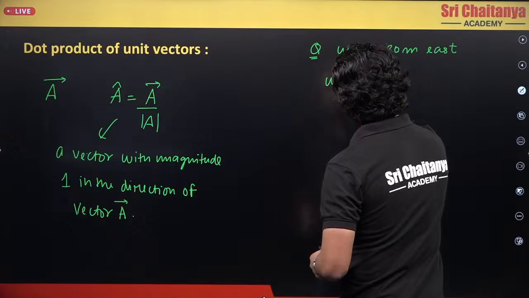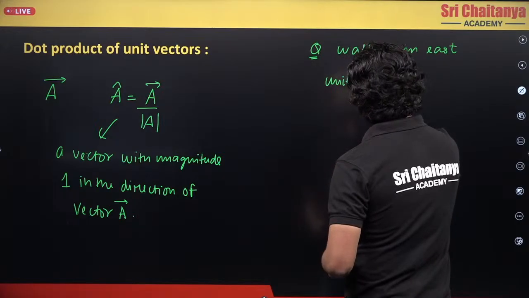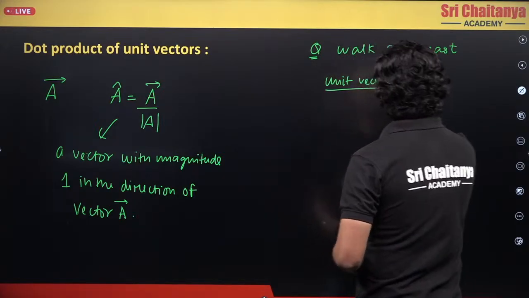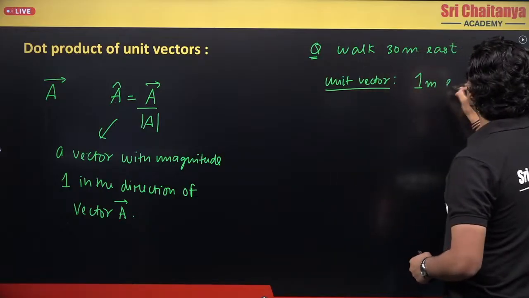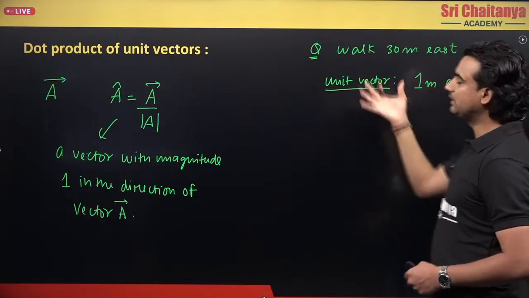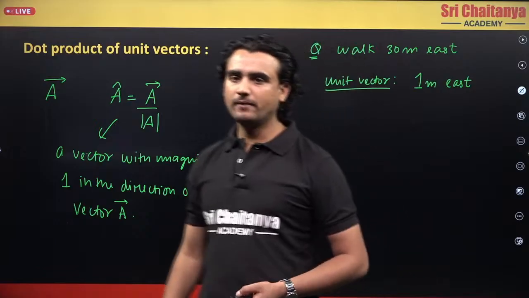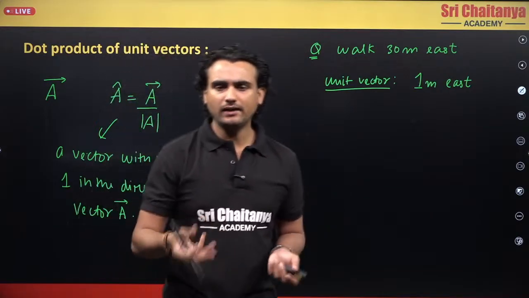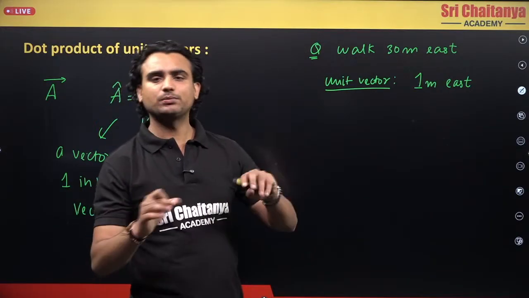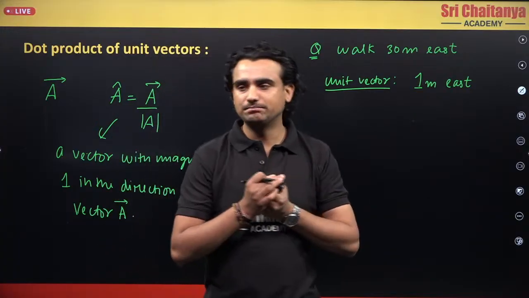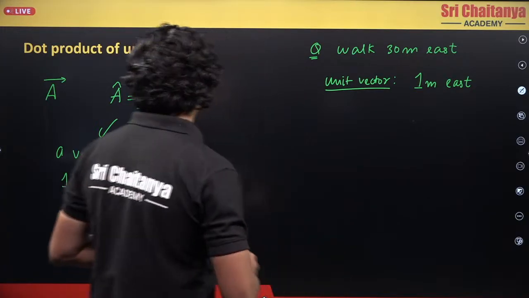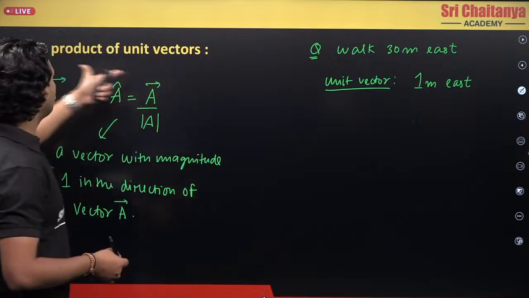The unit vector will be a vector with magnitude 1. Let's say the magnitude will be 1 meter and in the same direction, so 1 meter east will be the unit vector. You can also say 1 centimeter, because that is even smaller, but let's assume that meter is the smallest quantity I can measure. Next, we are talking about dot product of unit vectors.